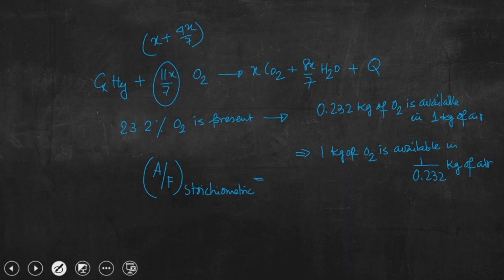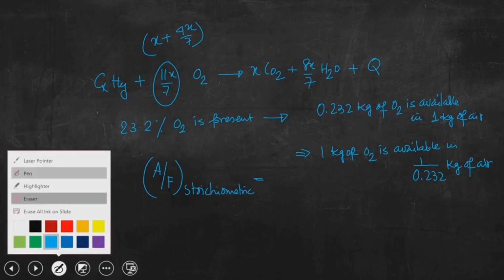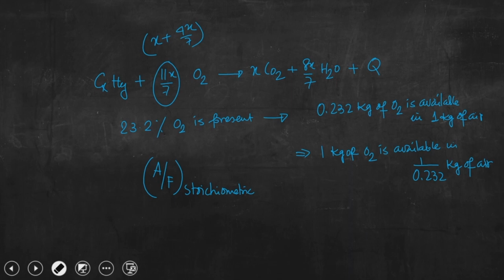that equal to, let me write over here. So, I can write this is equal to, right. What is fuel? Fuel is 12x plus y. So, fuel, let me write here the fuel.